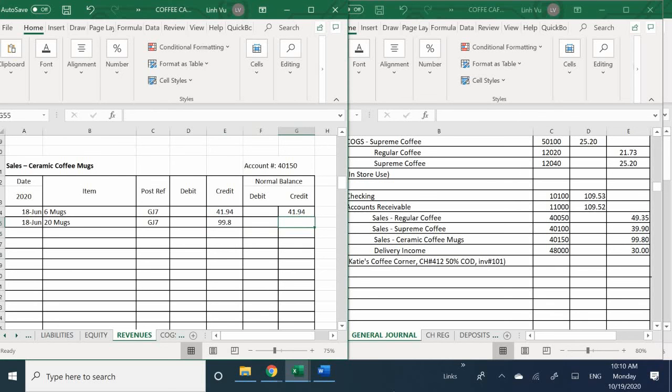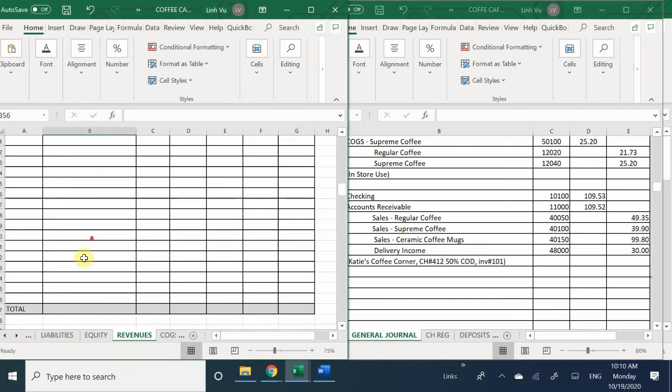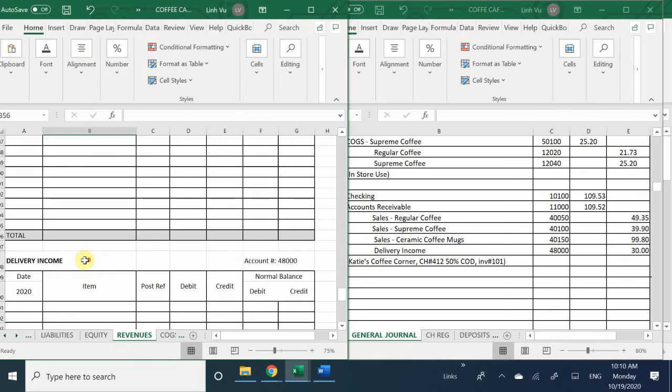Since I have a beginning balance, what is my total current balance in my sales ceramic coffee mugs? 141.74. Good.